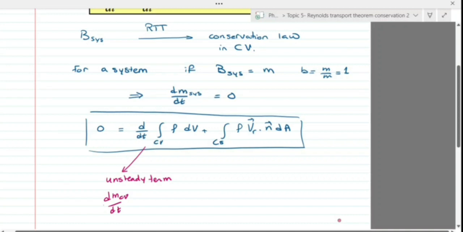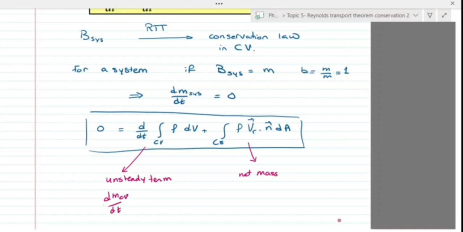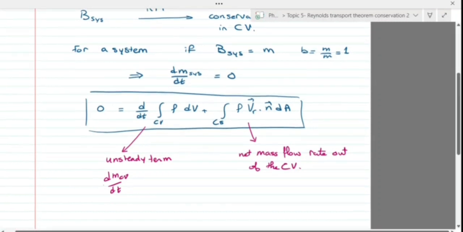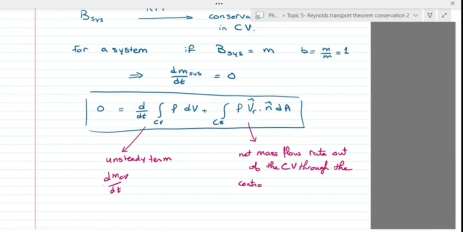And our second term represents the net mass flow rate out of the control volume. Basically the mass flow is going to essentially happen at the surfaces of our control volume, and that's why our integral here is over the control surface. So this is the net mass flow rate out of the control volume through its control surfaces.